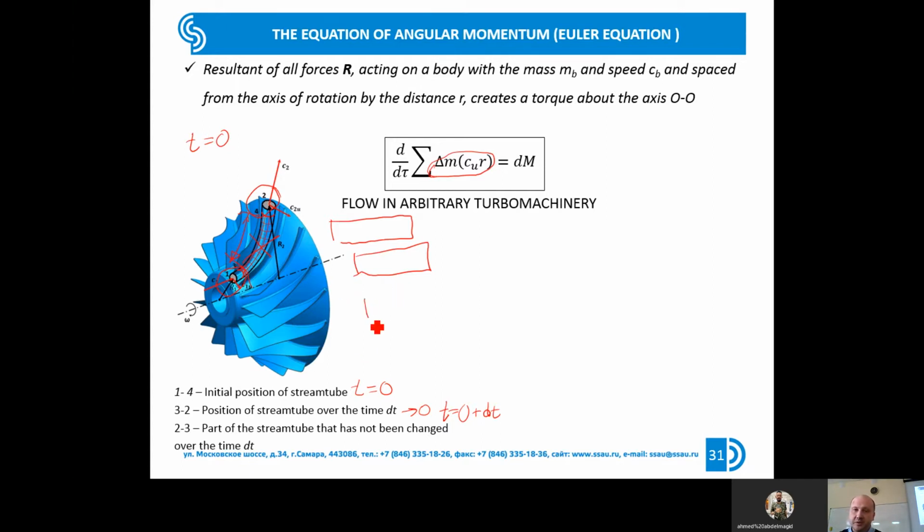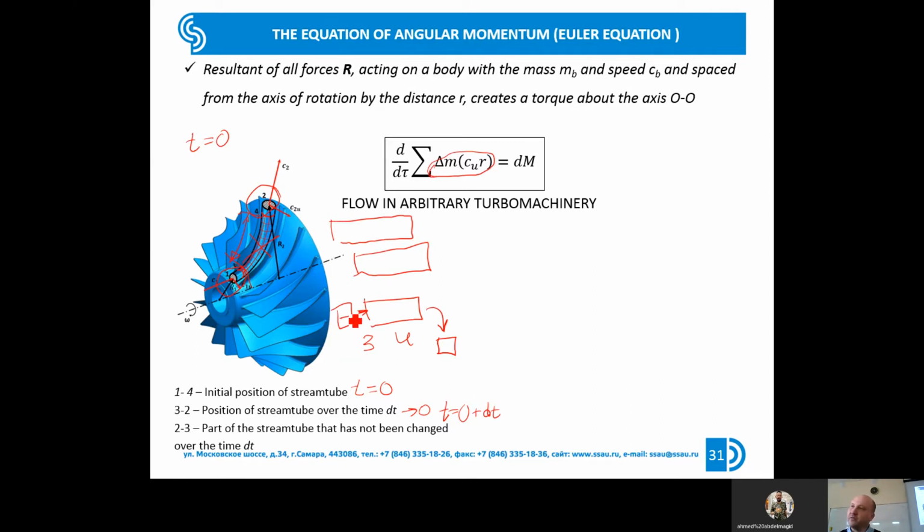We can represent such an action as tubes 3 and 4: in the first period of time this mass comes in, and in another period of time it is dropped from the outlet part.